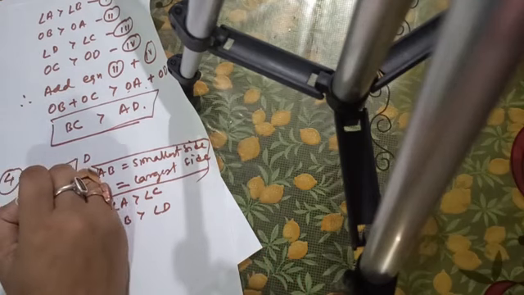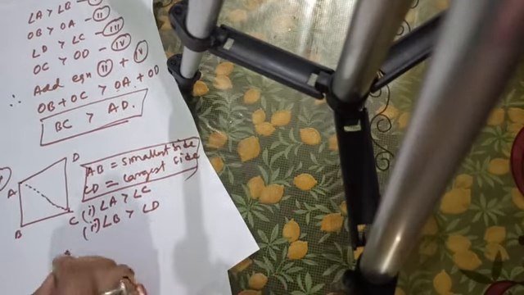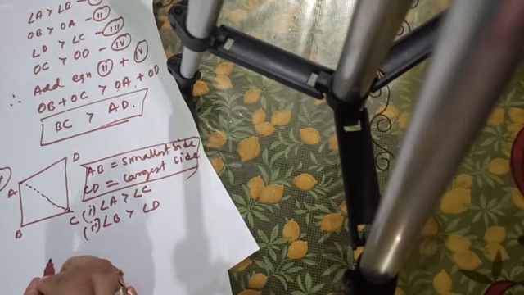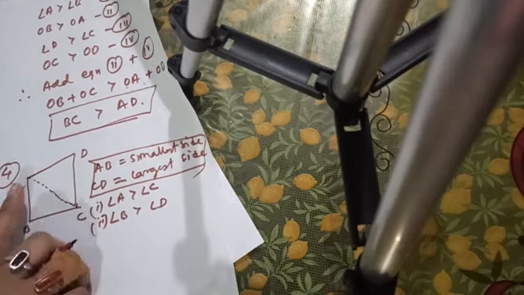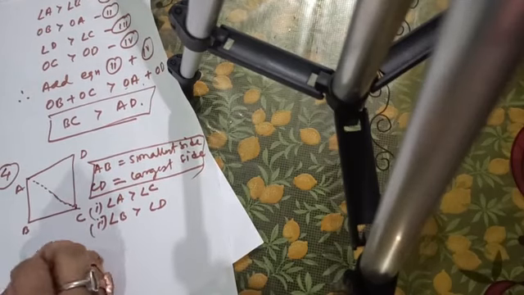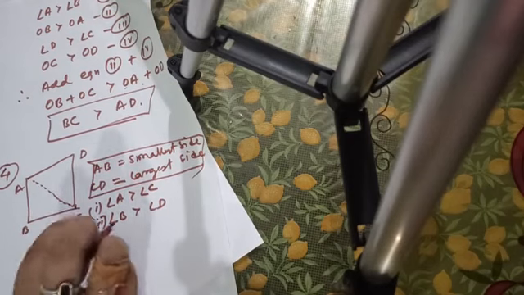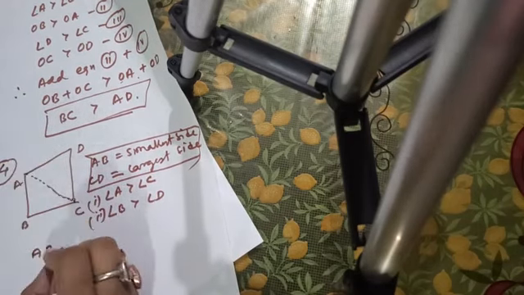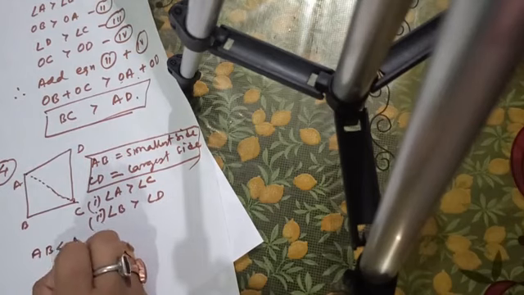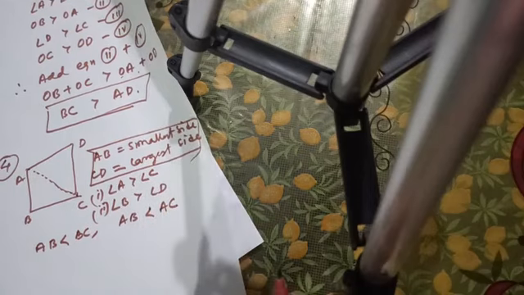Suppose I join this. AB is smallest, that means side AB is less than BC. I can take that the side AB is smallest among all the 4 sides. In this triangle, AB is automatically less than BC, and AB is automatically less than AC as well.